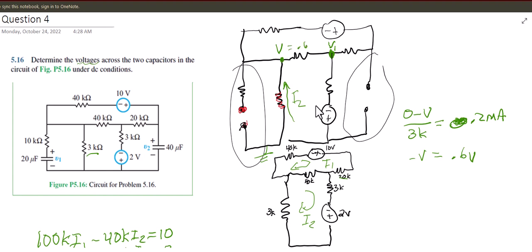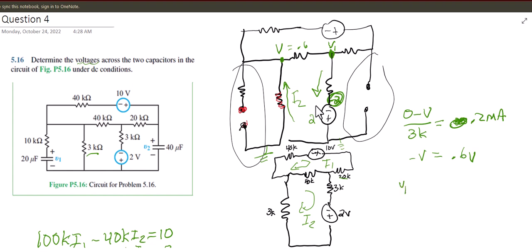And then, let's see, what did I do next? Okay, so also going down here, if this was 2 and the bottom here is ground, then right here is minus 2. So right there is minus 2.